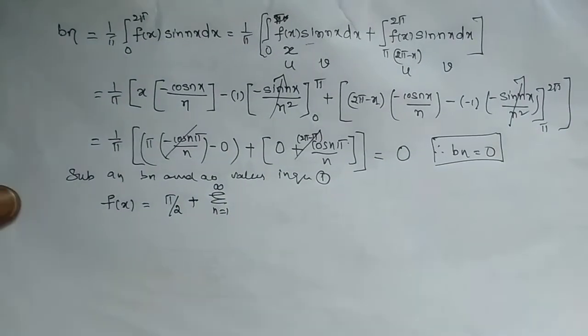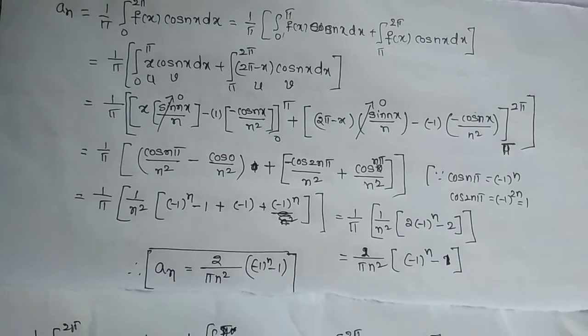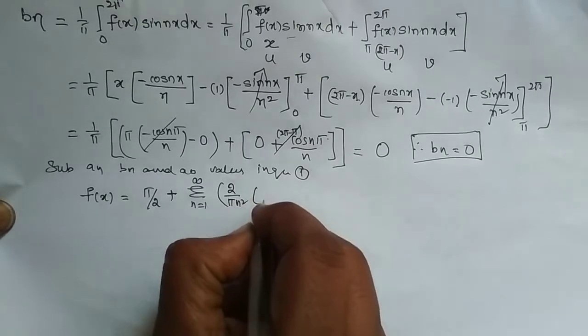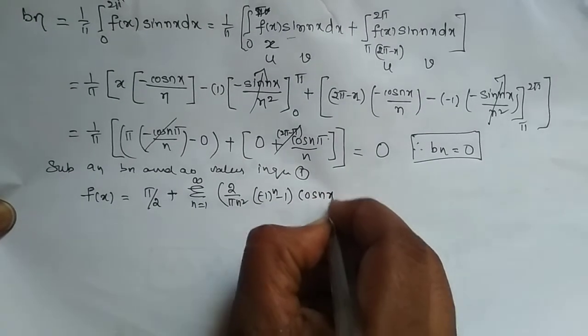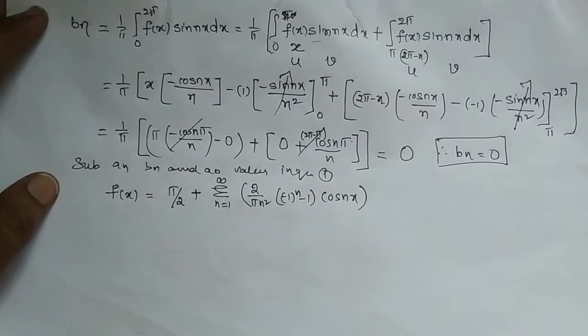What is the value of an? 2 by pi n square into minus 1 whole to the power of n minus 1 into cos nx, only existing because bn should be 0.